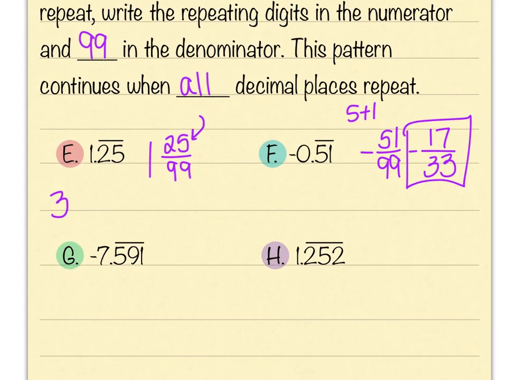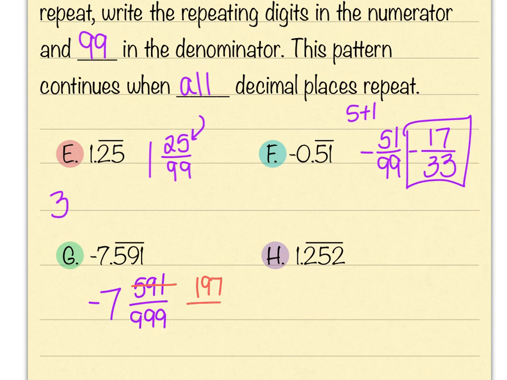In example G, we have 3 repeating decimals, so we're going to write 591 over 999. The 5 and the 1 make 6, plus 9 is 15, so 3 will go into both of these numbers. 3 goes into 591 197 times.